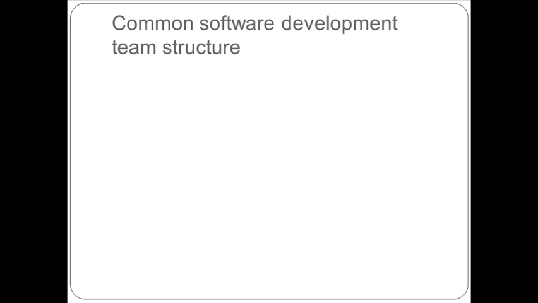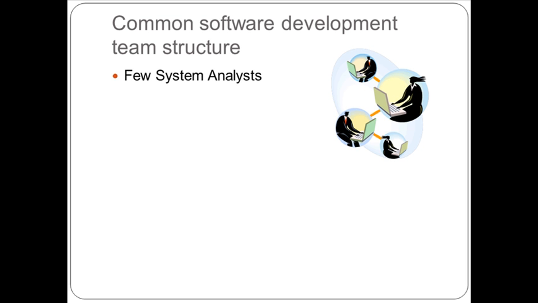In common software development team structures, we have three roles, or three types of people involved in software development projects. First of all, we have system analysts. The system analyst collaborates with the end user to gather requirements and understand what the user wants. This is the problem space.